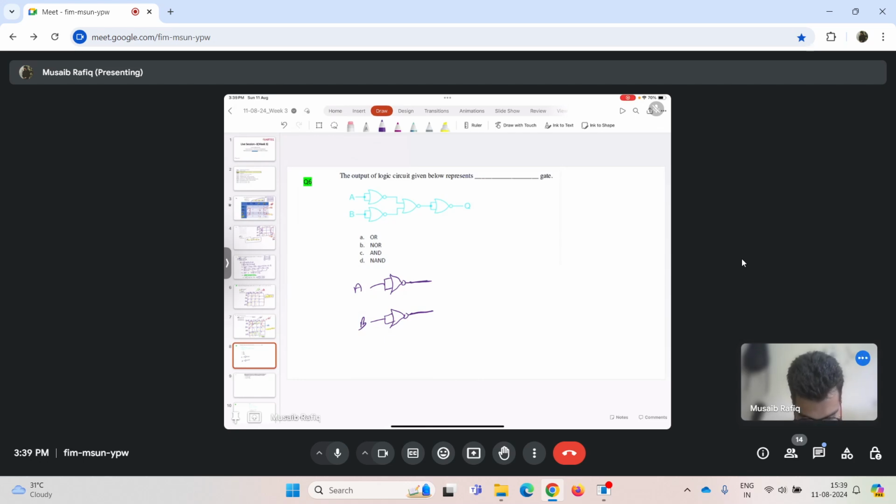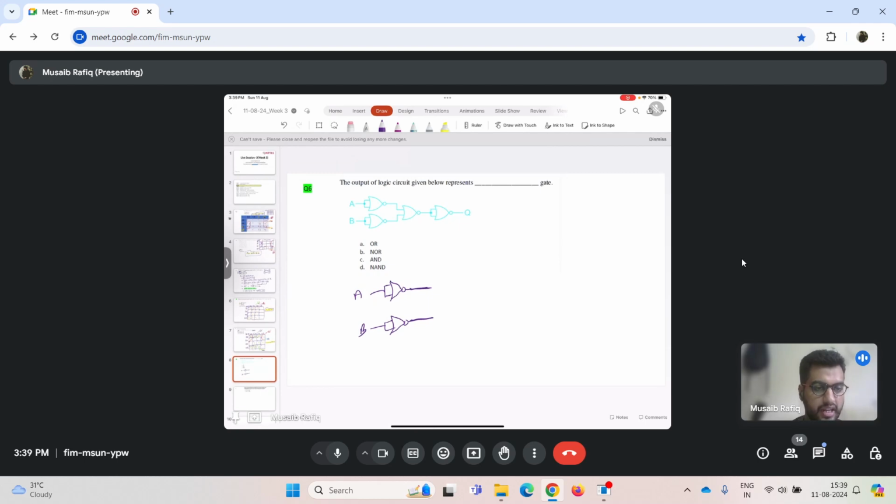So I know what the functionality is, but let's go step by step. You are giving the same input to the NOR gate, so it's basically A plus A complement, right? This is B plus B complement, and if you reduce it further, it will be A complement.